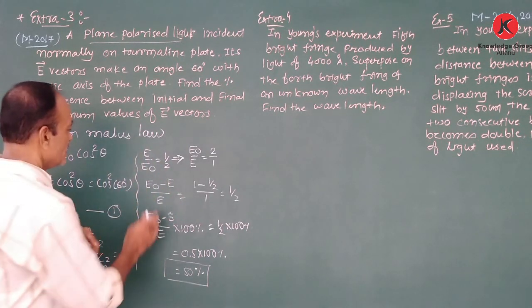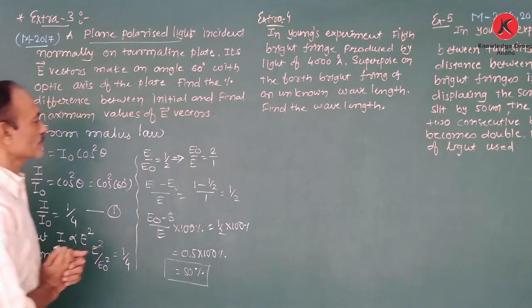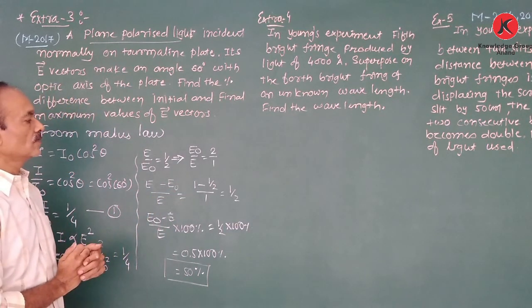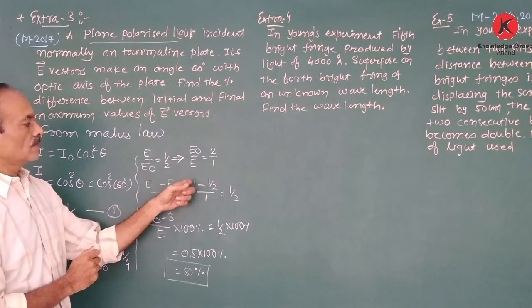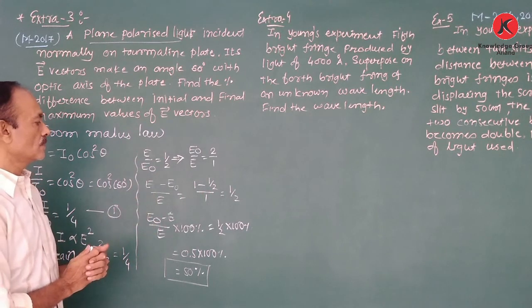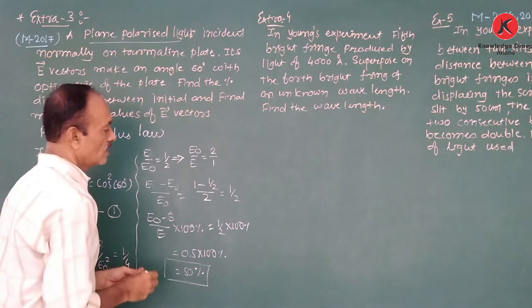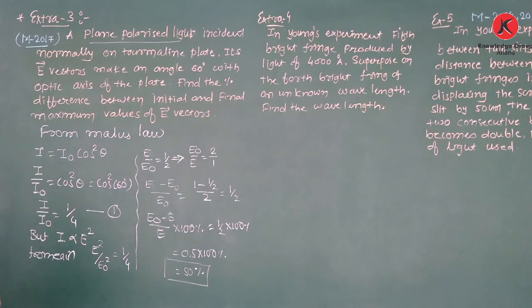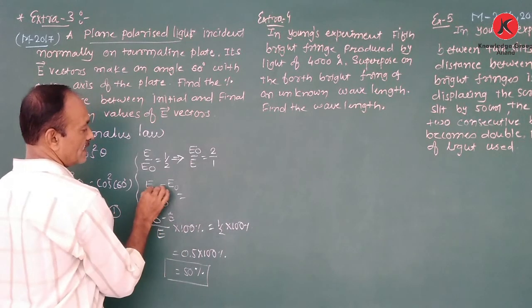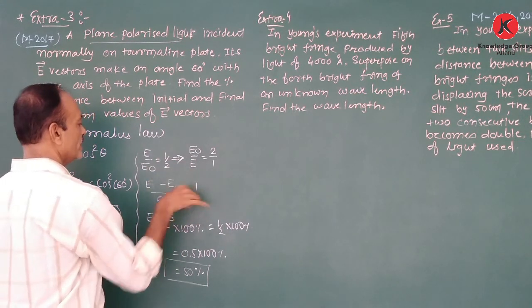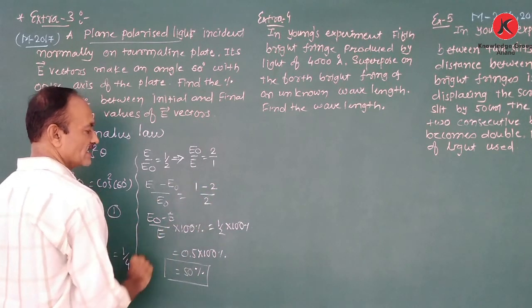Here we can also take E minus E0 upon E0. Therefore, we obtain 1 by 2 minus 1, which gives minus 1 by 2.